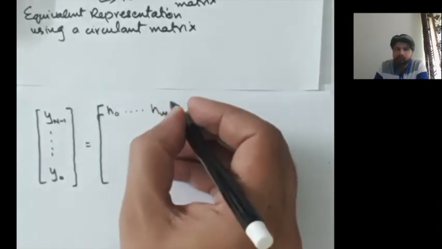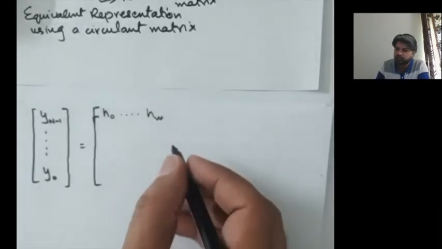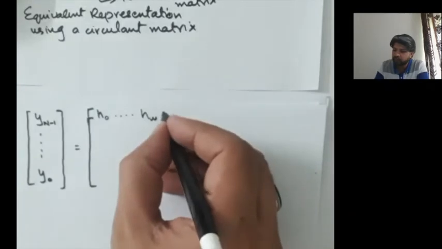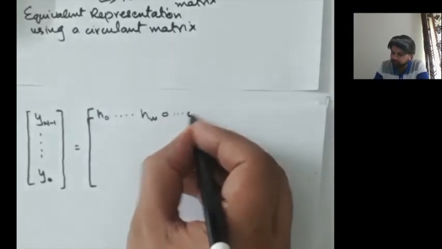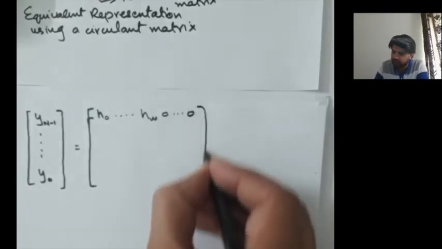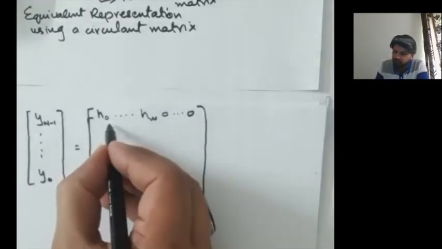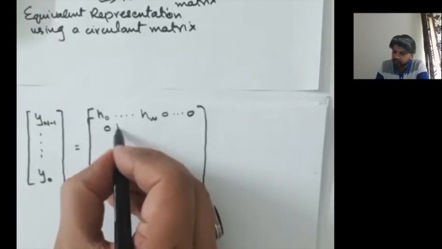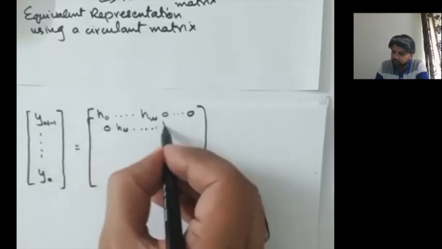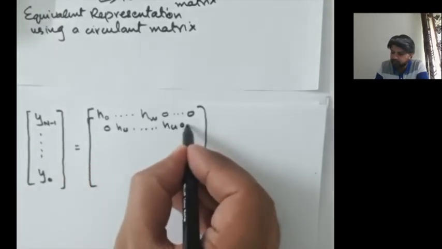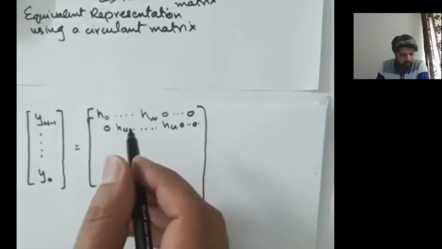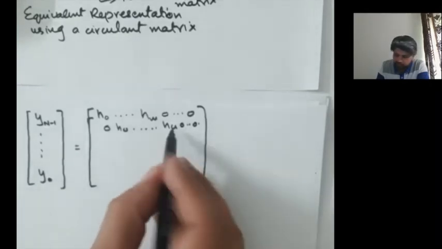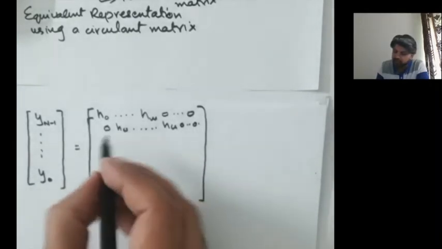But now instead of putting n zeros ahead, we would put only n minus mu zeros here. So you have an n cross n matrix here. So now this would be h naught to h mu, and then you would have zeros here, right? And then after a while, these would start repeating, right?